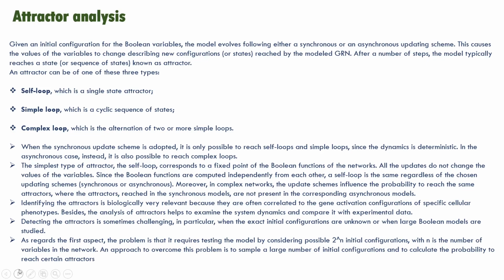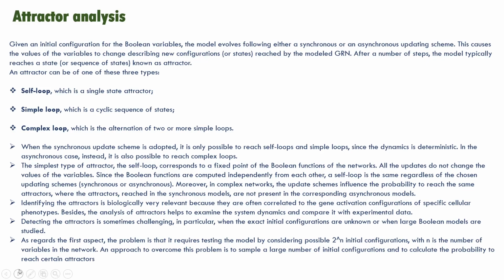An attractor may be present in the synchronous model and not present in the asynchronous one, or vice versa as well. In complex networks, this is an issue because this will influence the probability to reach that attractor.